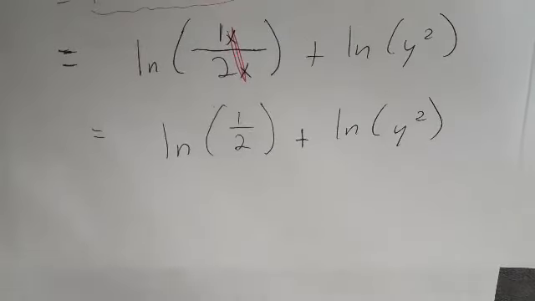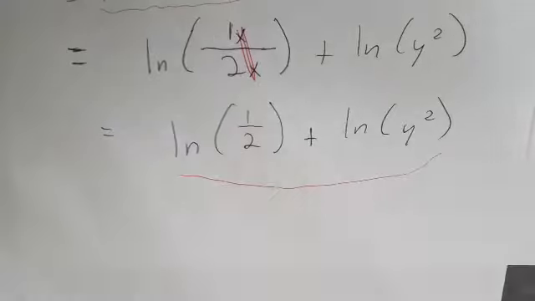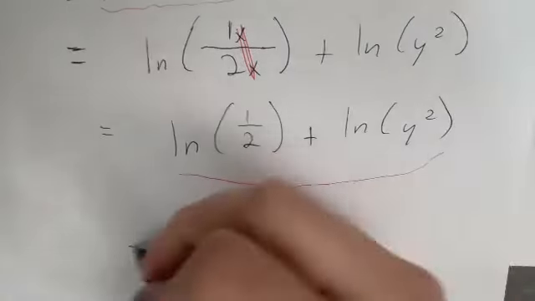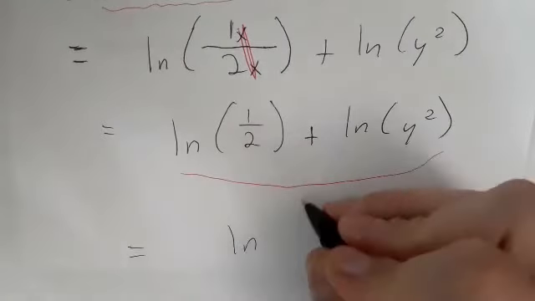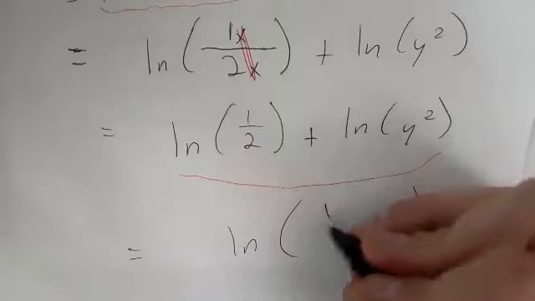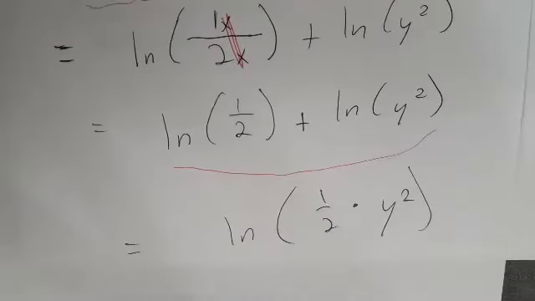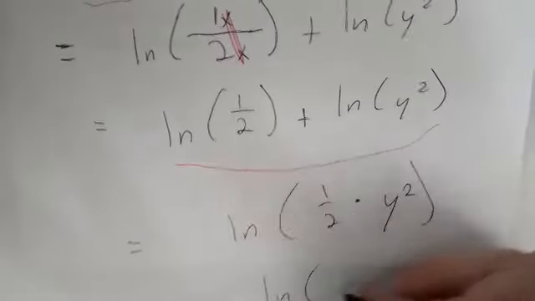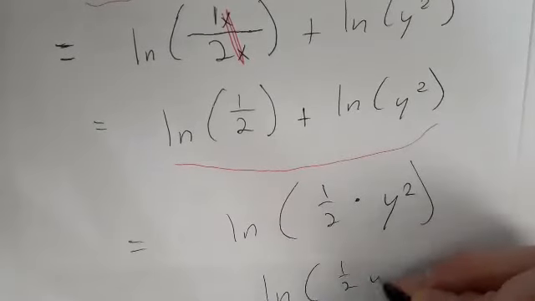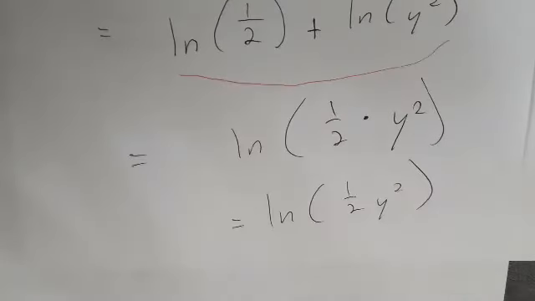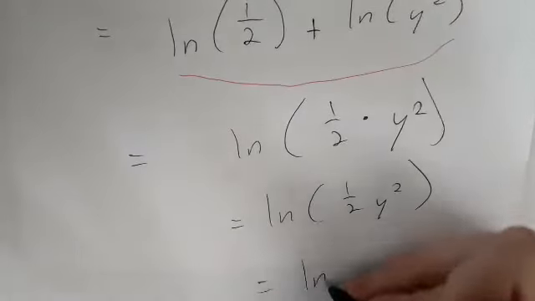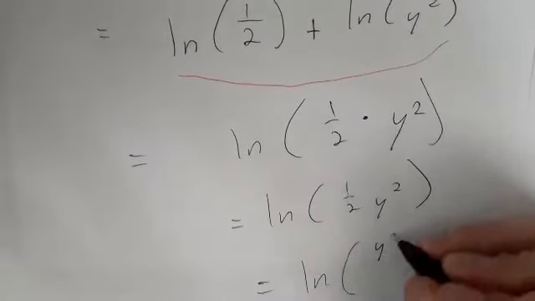Okay, so now we want to combine these two logs. How do we combine these two logs? We combine them to one log. What we do is we multiply the things on the inside. So this should be ln of 1/2 y squared, or y squared over 2. Same thing, right? ln of y squared over 2. If you want to put the y squared on top, that's fine.